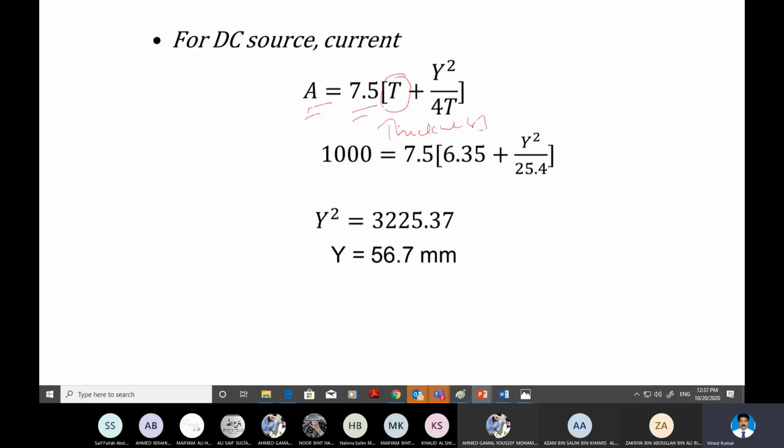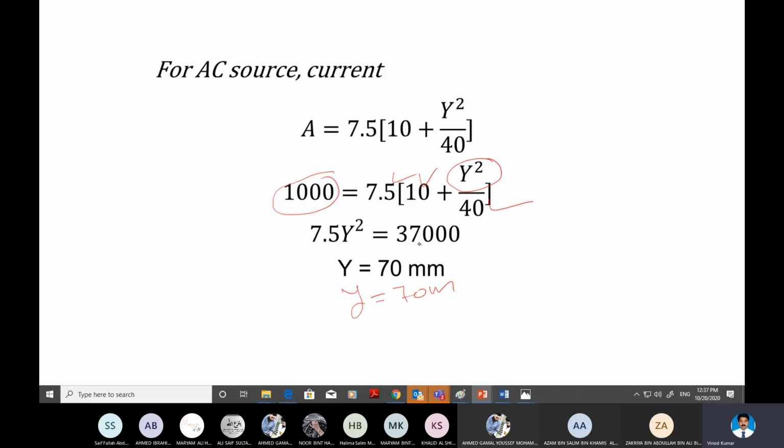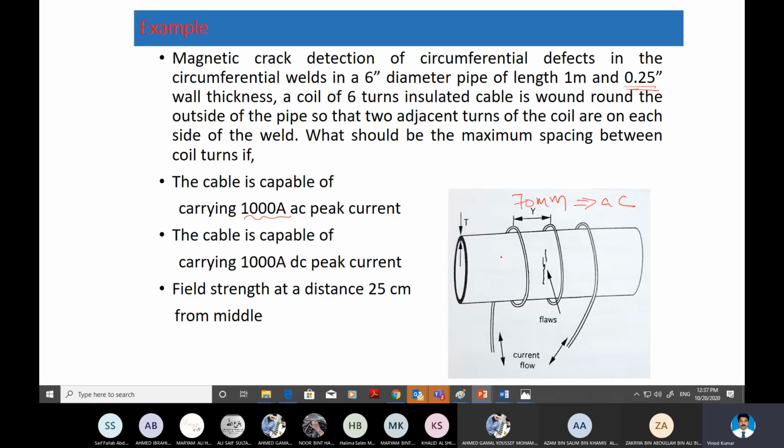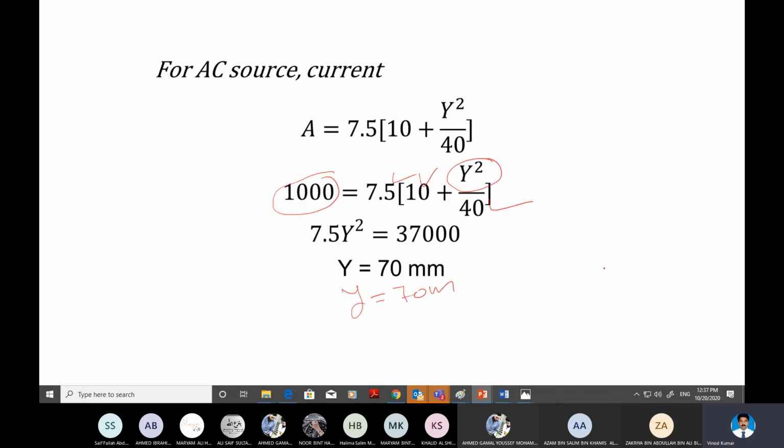So if you substitute 0.25 times 4, you get y as 56.7. So if you go for a DC source, you need only about 56 millimeter spacing. This is the meaning of this question.